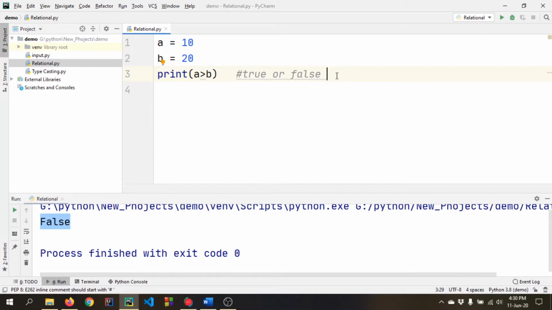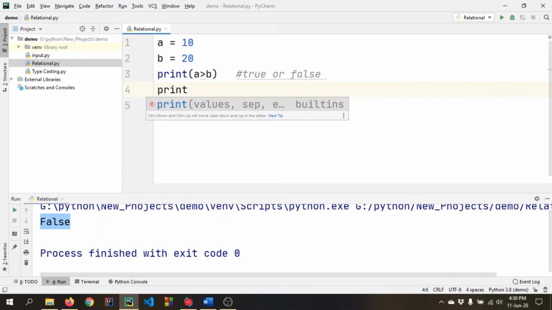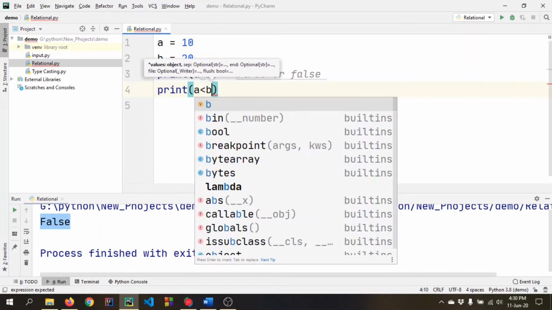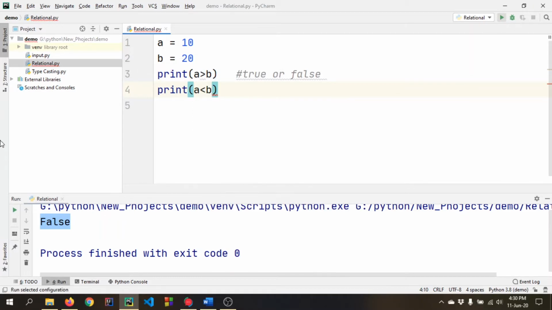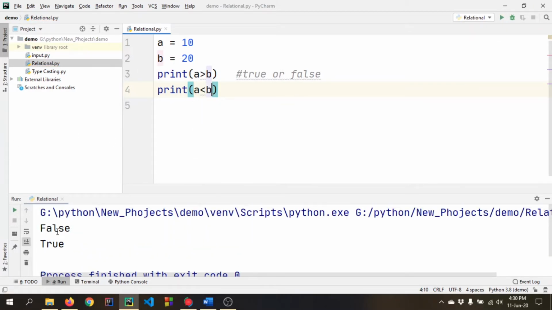So what are the relational operators? Relational operators are the comparison operators which compare two data, and they always give us the answer in boolean format. If we print another one, say a is less than b, it will give us true because a is less than b, and the first one is false because a is not greater than b.